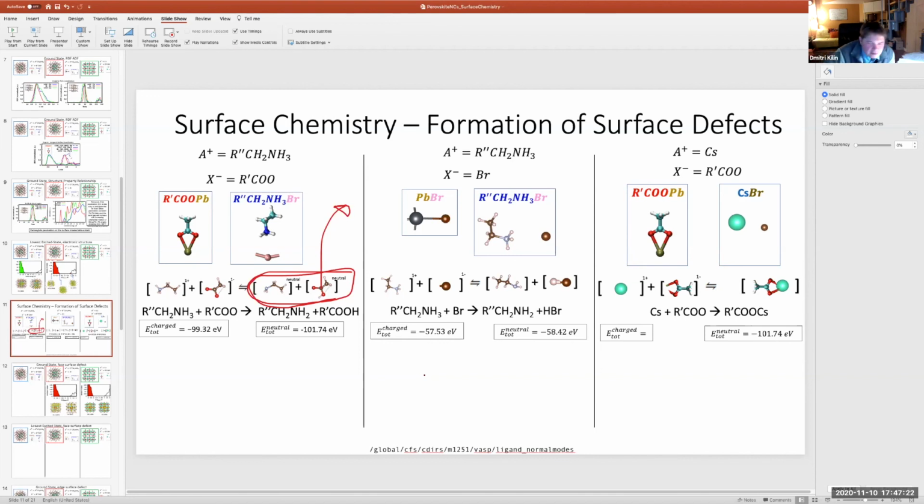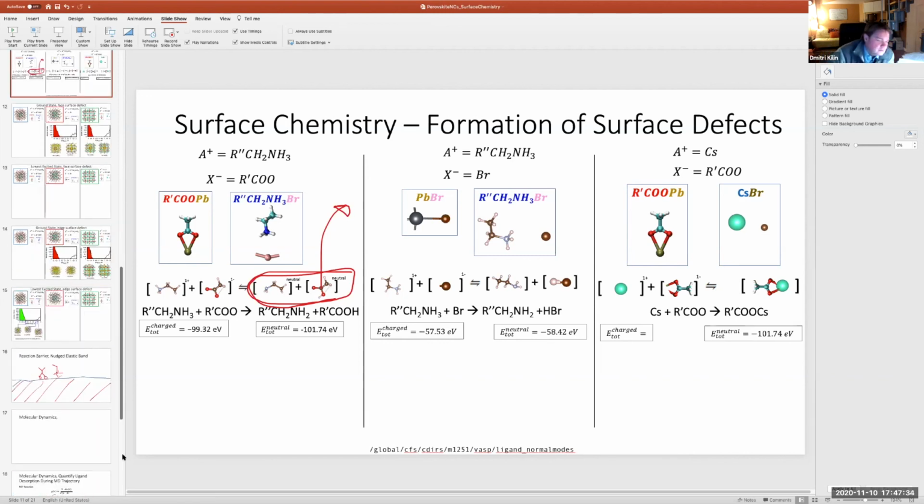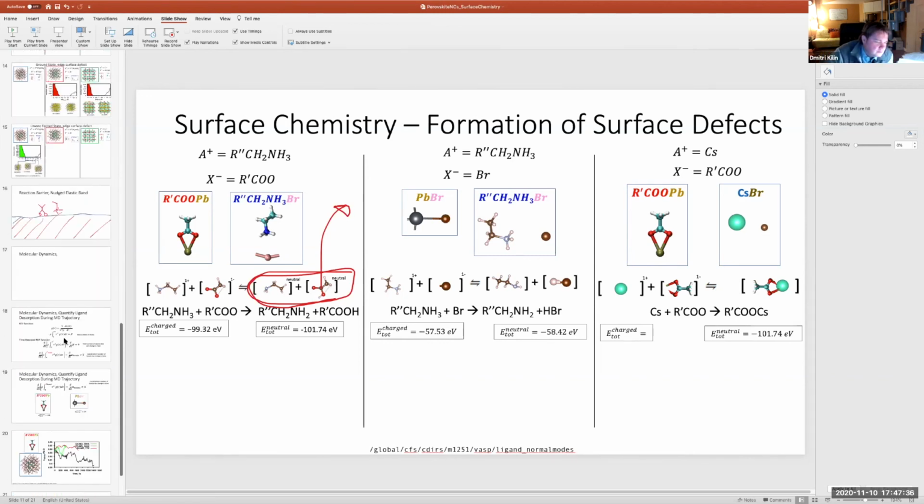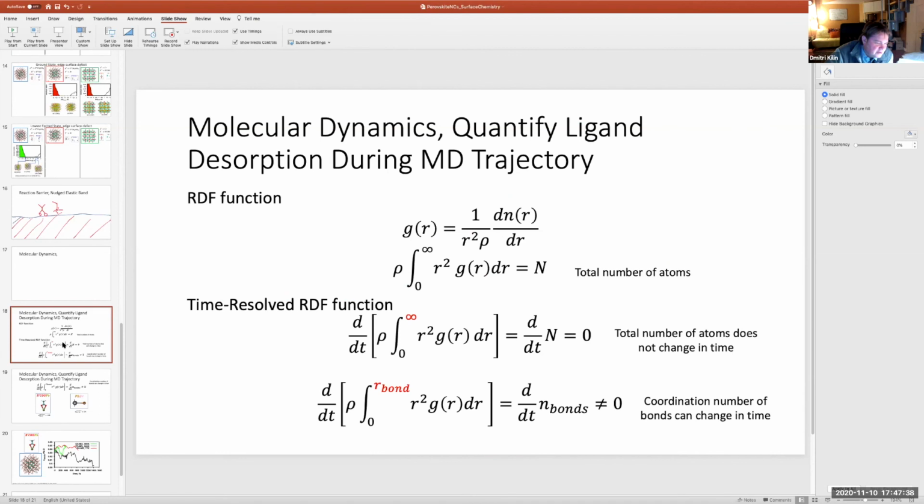Next question is about your number of bonds as a function of time. Yes, slide 20, I think. These results.